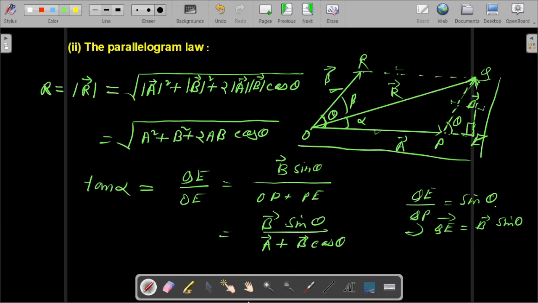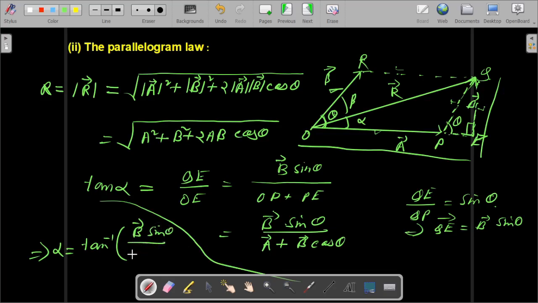Understood. In this way you get the value of tan alpha. From that we can get alpha by sending tan to that side. Then alpha will be tan inverse of B sin theta divided by A plus B cos theta.